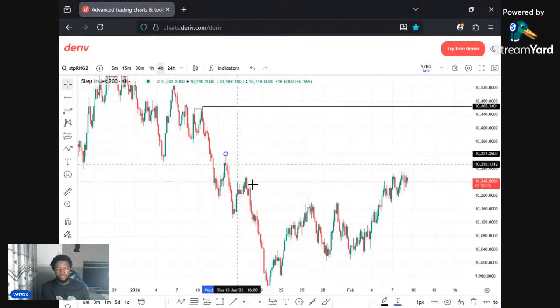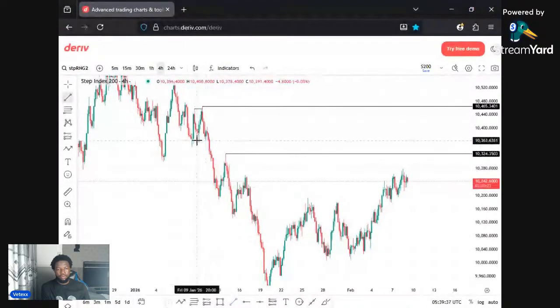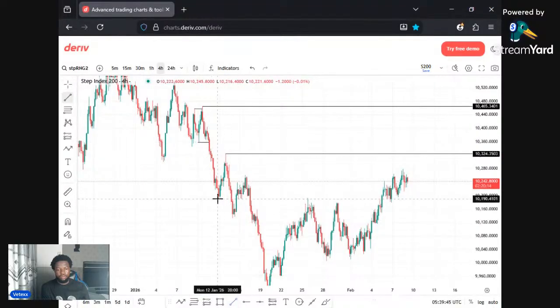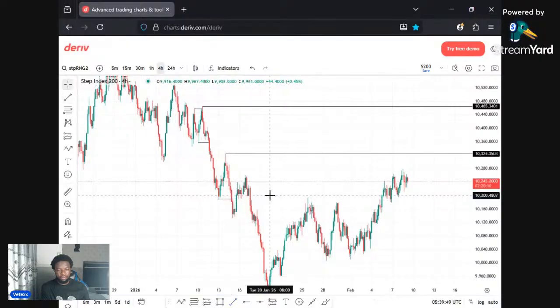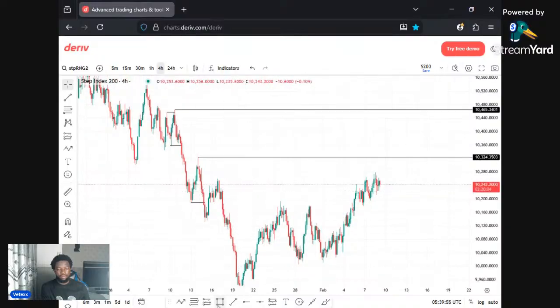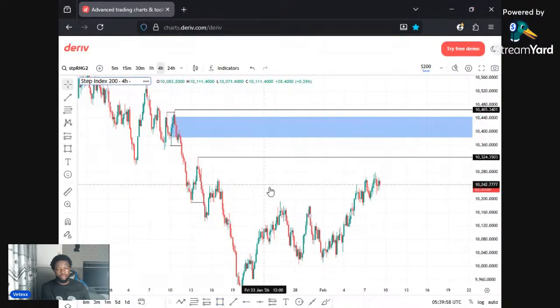Structural liquidity, first break, and then we have a second break. And this becomes our point of interest.